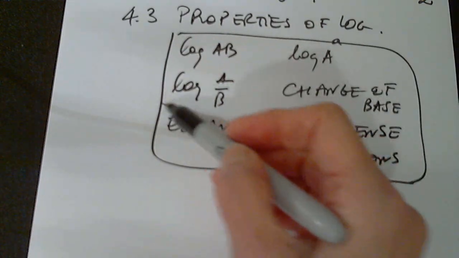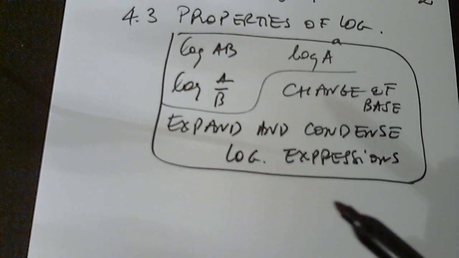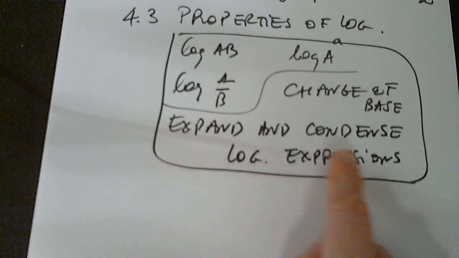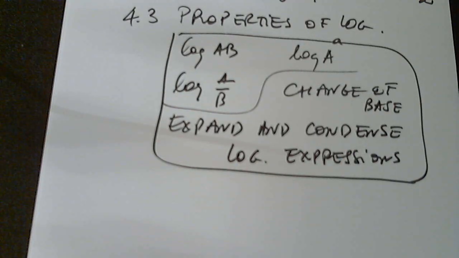So we are going to use these three properties to expand and condense logarithmic expressions. I'm opening the book on chapter 4, and I want section 4.3, and page 503.